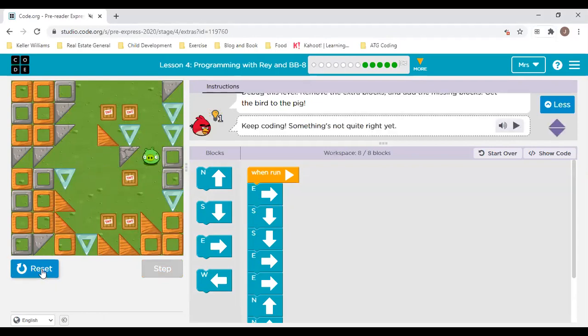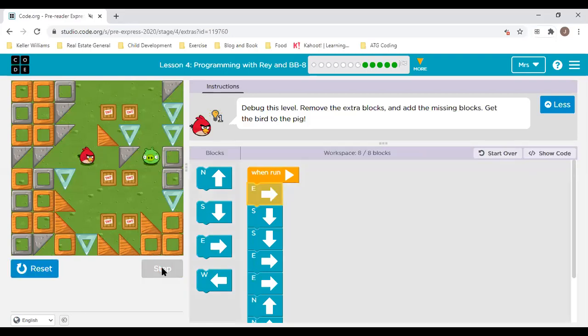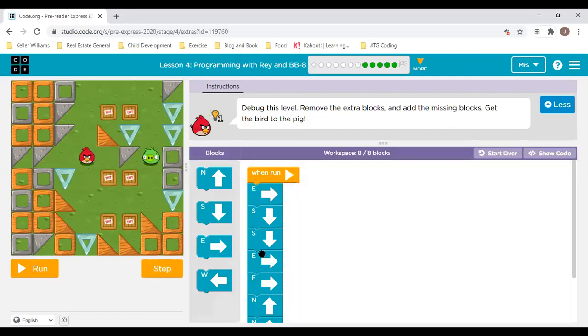No, it blew up. So we know something is wrong there. We just have to remove extra blocks. So we know that east is not right. He shouldn't go east. He should go south. We need to remove the east block. You can press step to see where he goes wrong so that you can debug it. The step button always helps us to debug.